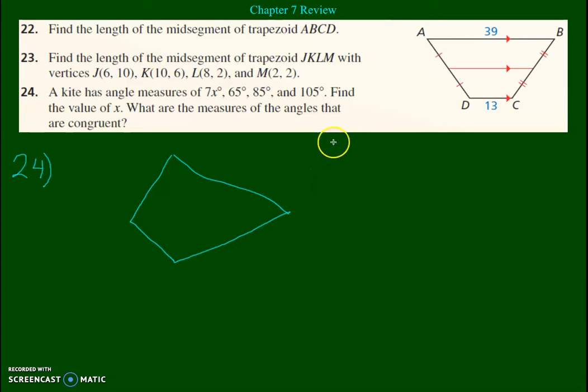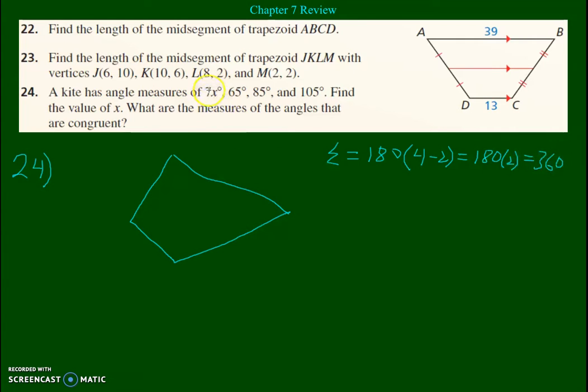And that's because we know that the sum of the measures is 180 times n minus 2, where n is the number of sides, which is 4, so 180 times 2, which is 360.